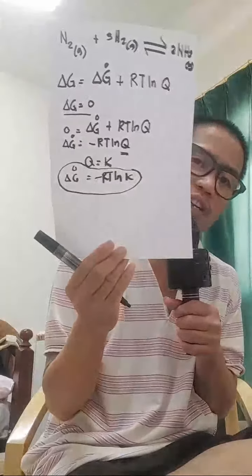Now, let's do algebra. We need to get the formula of K from this original equation, so let's divide by RT. But you can also substitute values directly if you want, because you also have the values here.